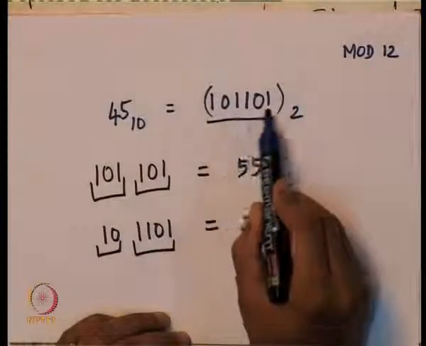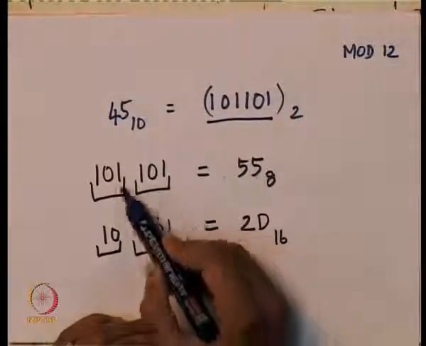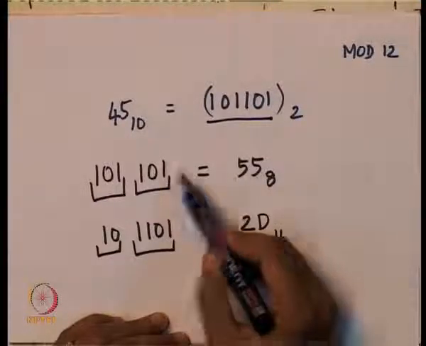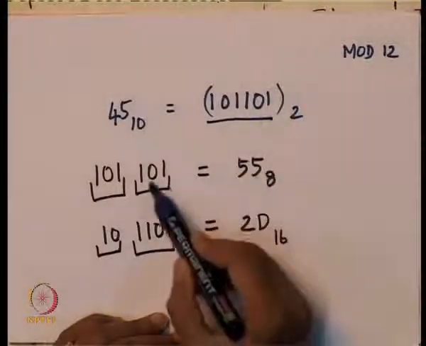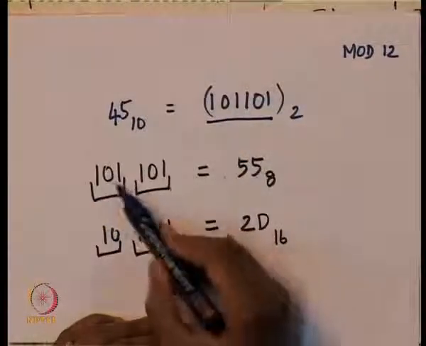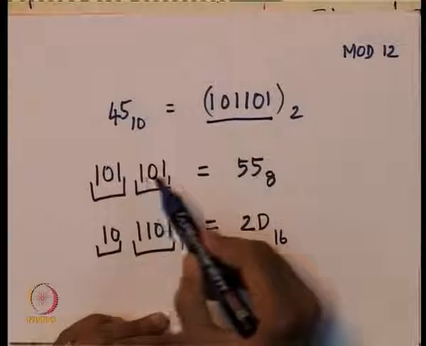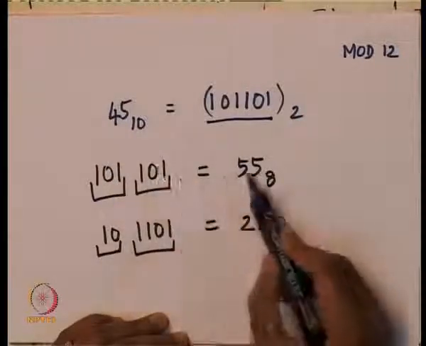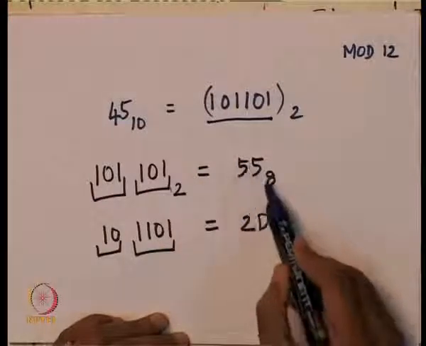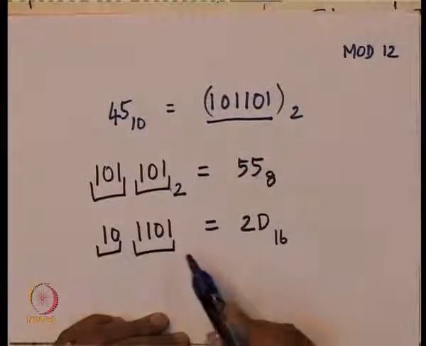There is no decimal point here, so I start grouping from the right: 101 gives me this group and this 101 gives me this group. 101 is 5 and 101 is 5. So, 101101 base 2 is 55 base 8.